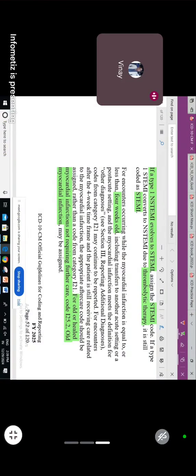Then what about after 28 days? After 4 weeks, if the patient is still getting treatment, then you will code an aftercare code. And if the patient is not getting treatment, you will code I25.2, the old MI code.